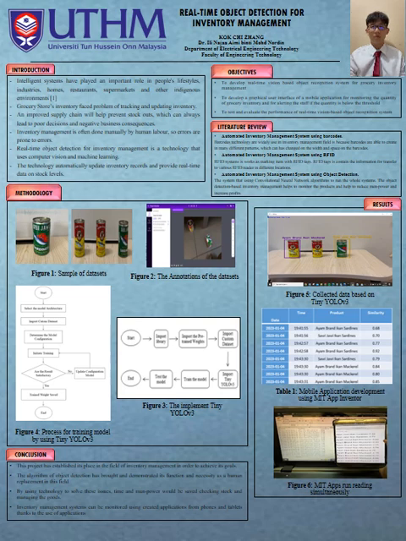This is my overall project, and here goes the conclusion. Real-time item detection for inventory management is a system that integrates components of artificial intelligence with the Internet of Things.